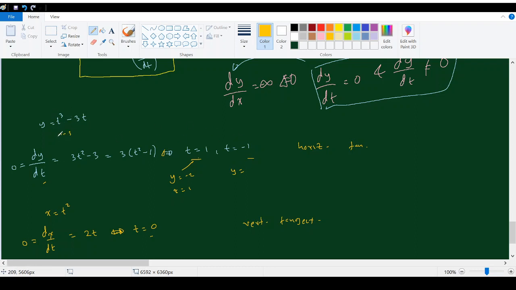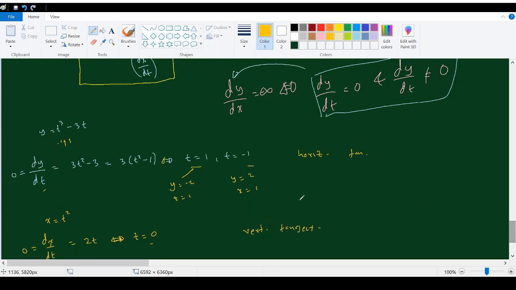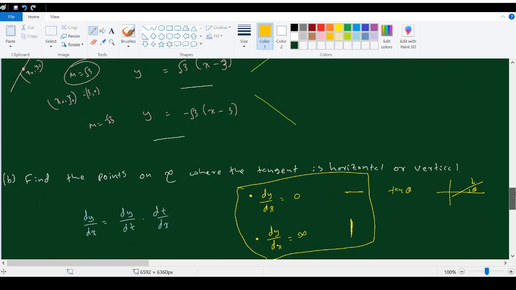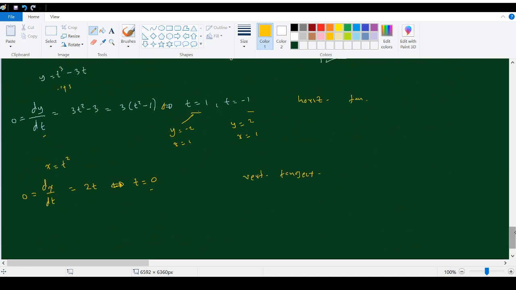So when you substitute negative 1 here, you will get 2 and x will be equal to 1, right? Now these two are the points that will have a 0 slope, or in fact a horizontal tangent, that is x equals 1 and y equals 2, and x equals 1 and y equals negative 2. Sorry, this is also negative 2.